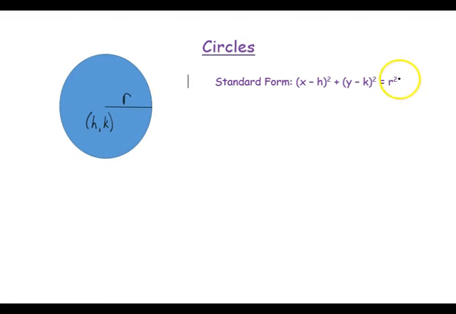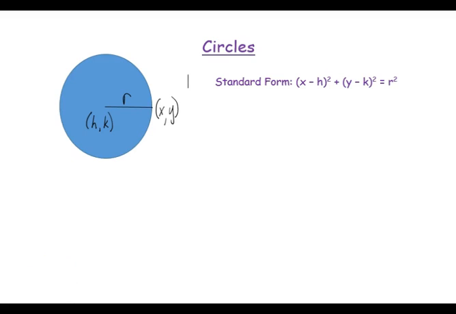That's r. In your standard form, that is r squared. The last thing is sometimes we talk about a point on a circle, and a point that's on the edge of the circle is actually something that works in the equation. And if I'm referring to that, it'll just be a normal x and y value.